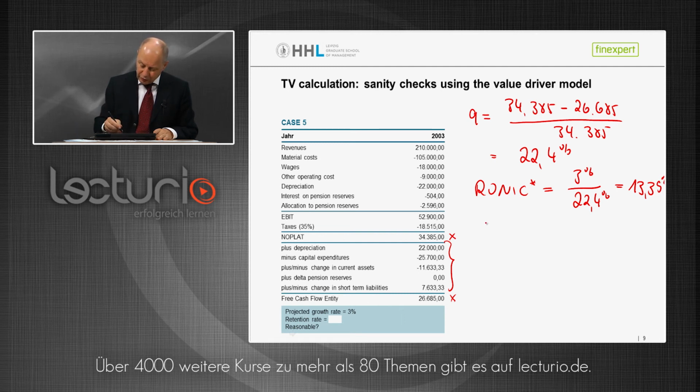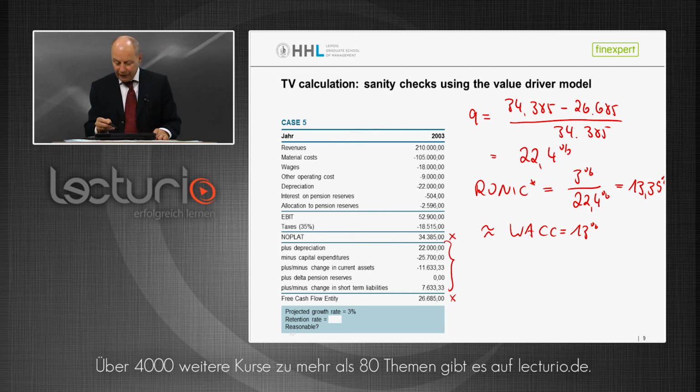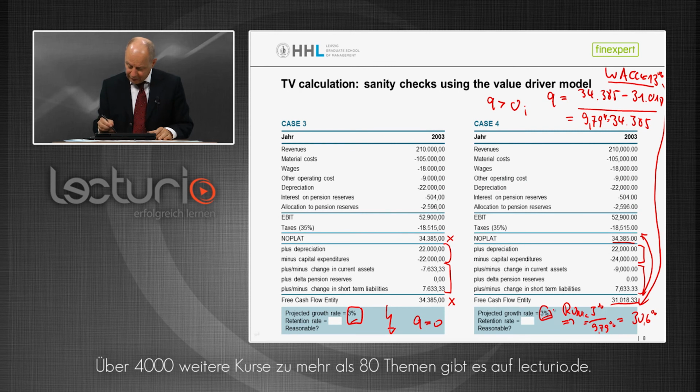And you see now it's just roughly equal to our WACC of 13%. So you see that if we have a very low retention rate creating a growth of 3%, then this implies a very high rate of return on the newly acquired assets.